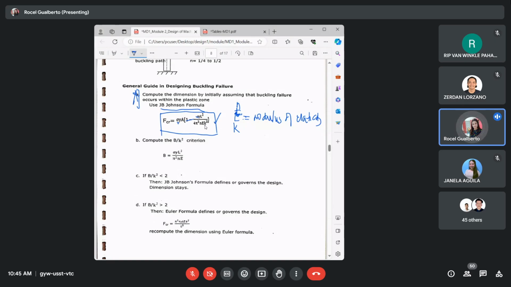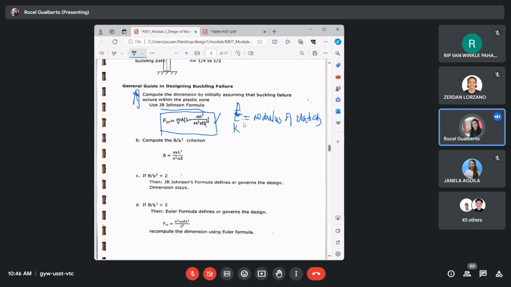What about po ng K? Okay, yung K po is the least radius of gyration. Okay? Yung pong sinolve po natin kanina, dinerive po natin, yun po yung value ng K po. Okay? So, yung K, kapag po circular, that will be D over 4. Okay? And then we have here N. Okay?